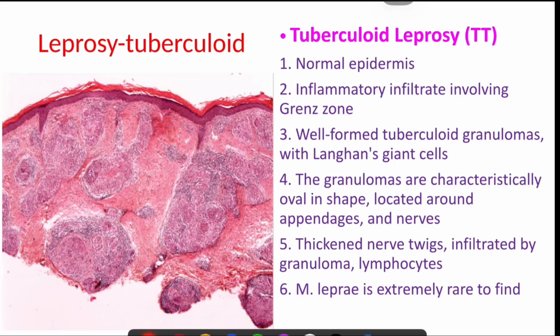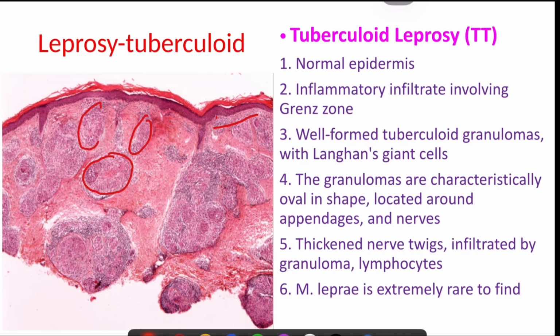Now leprosy, whether tuberculoid. So you can identify normal epidermis, but inflammatory infiltrate involves the grenz zone. The grenz zone is in between epidermis and dermis, at the upper dermis level. Generally it is clear in lepromatous leprosy, but here in tuberculoid, inflammatory infiltrate is present. Third is well-formed granuloma.